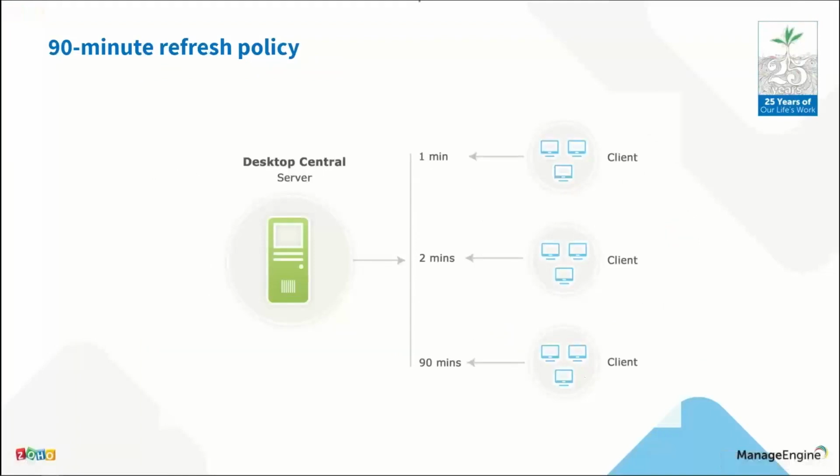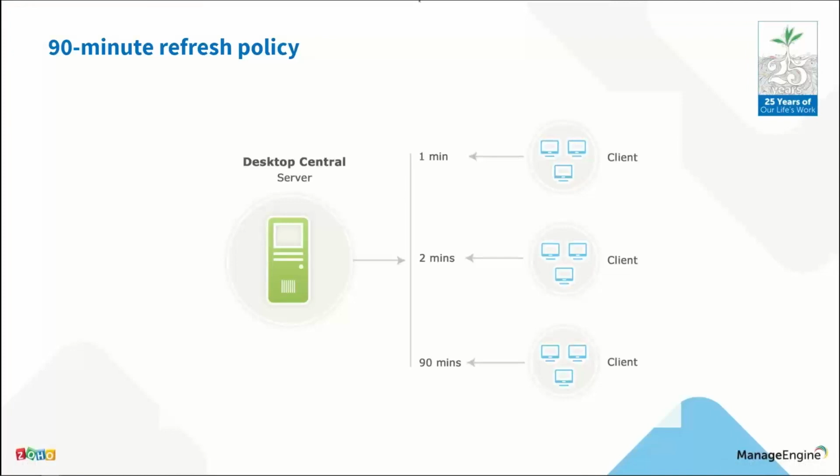Desktop Central architecture is scalable to manage different networks and even larger networks using our 90-minute refresh policy. I will explain this in simple terms. Desktop Central agent communicates with the Desktop Central server every 90 minutes. This is called the agent refresh cycle. This feature ensures that all the computers in the network contact the server periodically. Two important factors are ensured here.